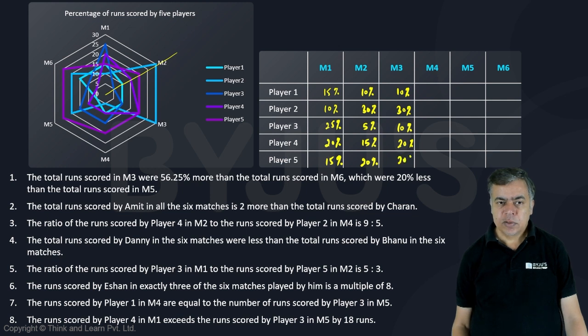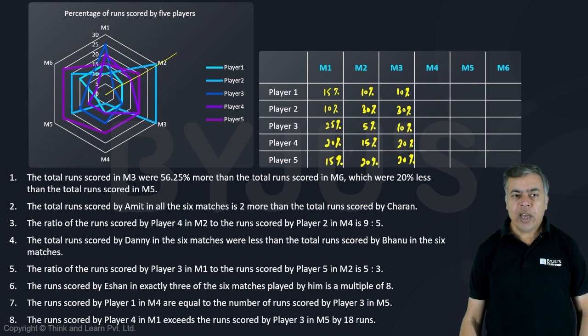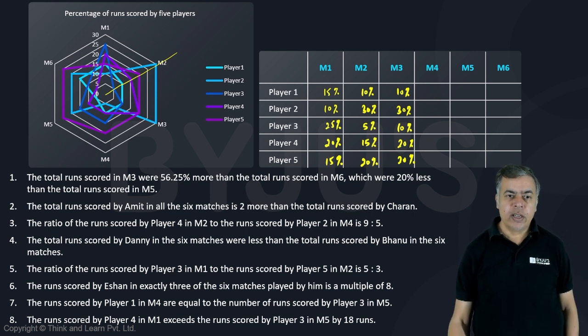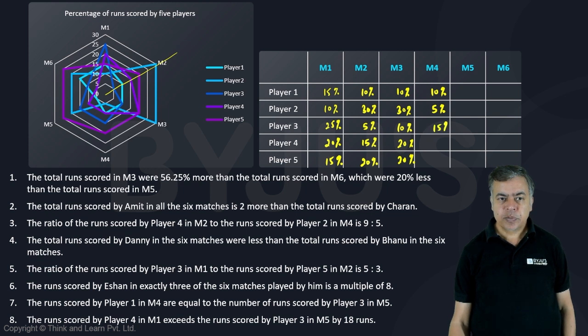Now M4: player 1 is again 10%, player 2 is 5%, player 3 is 15%, player 4 is 10%, and player 5 is 20%.